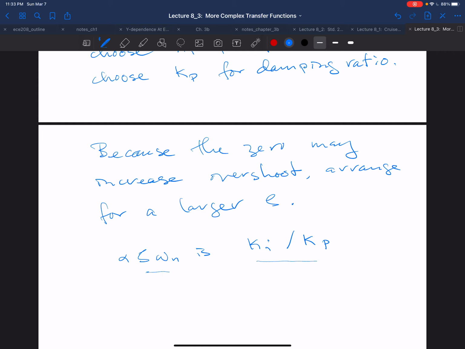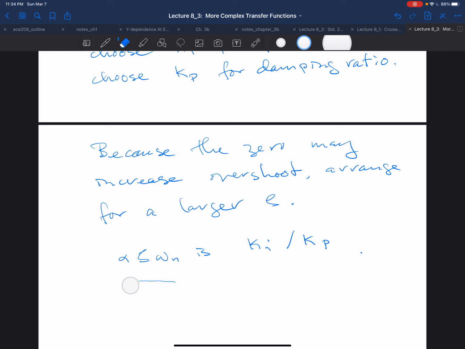But if this quantity is small relative to zeta omega n, or as long as it's not large relative to zeta omega n, we'll see this effect of increased overshoot. So for that reason, we'll want to choose our Kp to give us a larger value of zeta than we might choose if it weren't for the zero. So we'll just have to try to compensate in advance, if you like, for the fact that depending on the value of alpha zeta omega n, the zero may give us a larger overshoot.